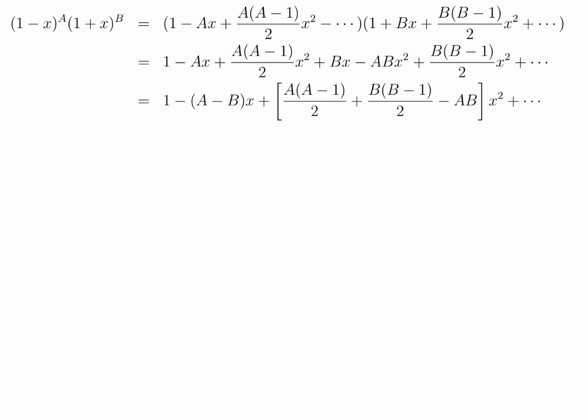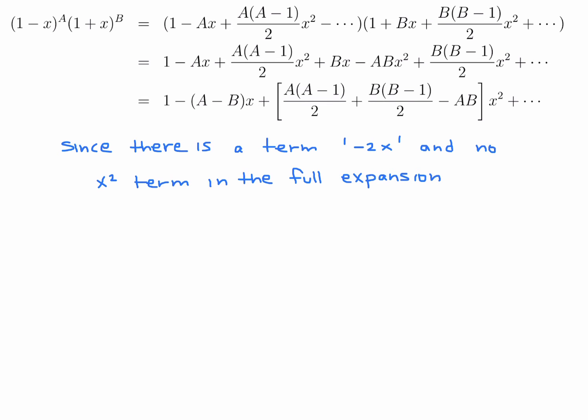Now, since there is a term minus 2x and no x squared term in the full expansion, what that basically means is that this is equivalent to minus 2x. So minus a minus b x is equal to minus 2x. So that means a minus b must be equal to 2.